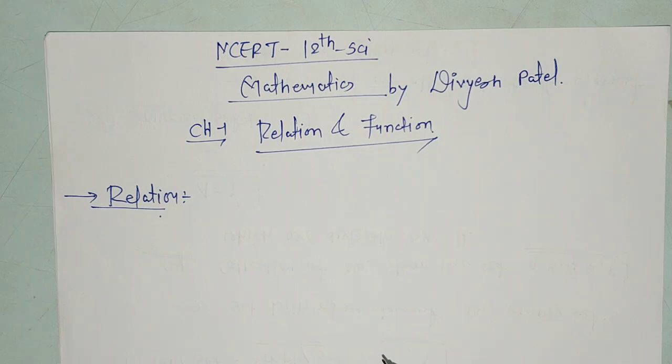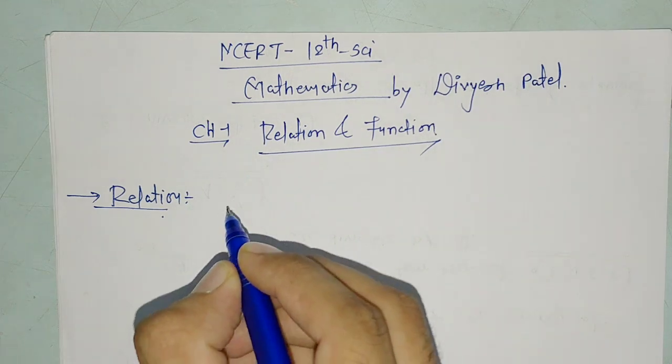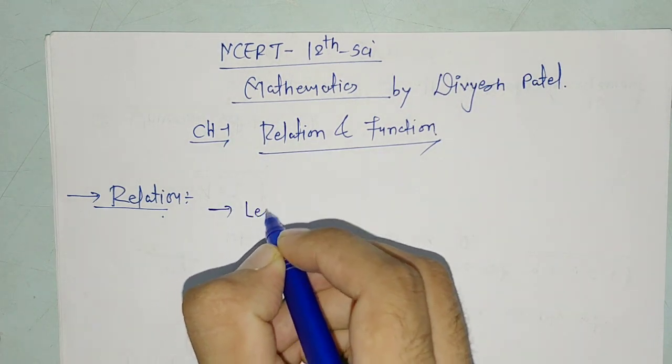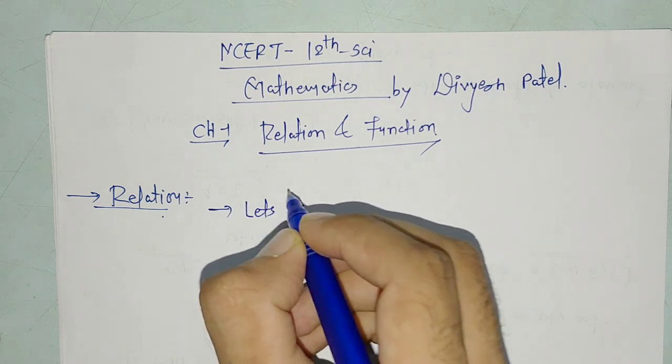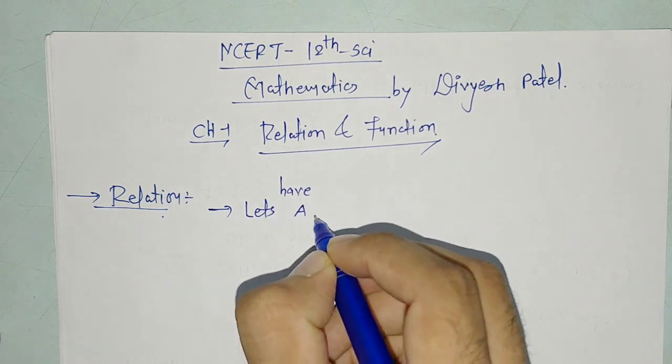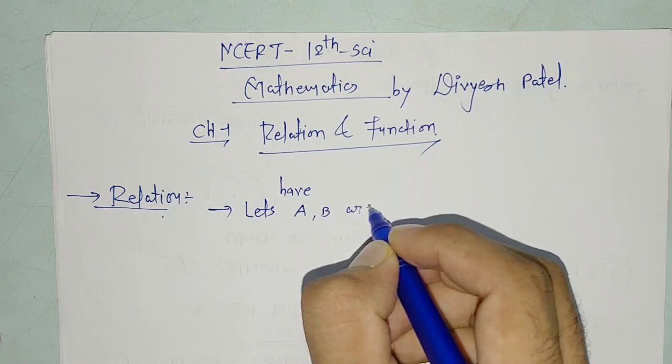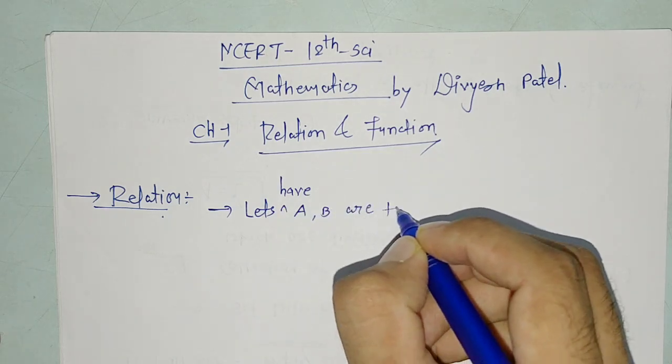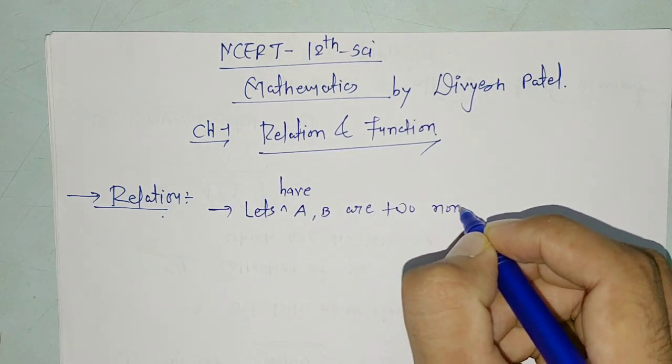The first definition in this chapter is relation. So how we define relation? Let A and B be two non-empty sets.